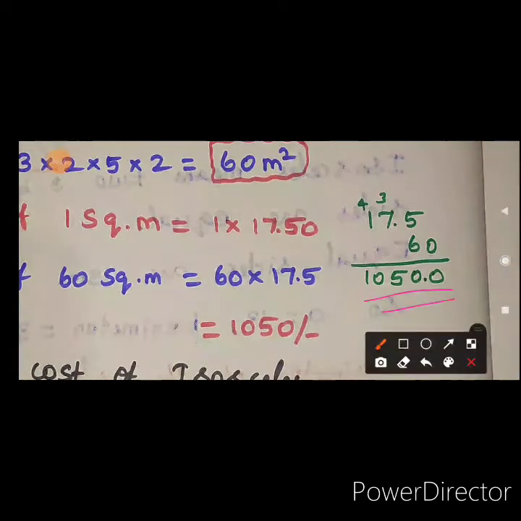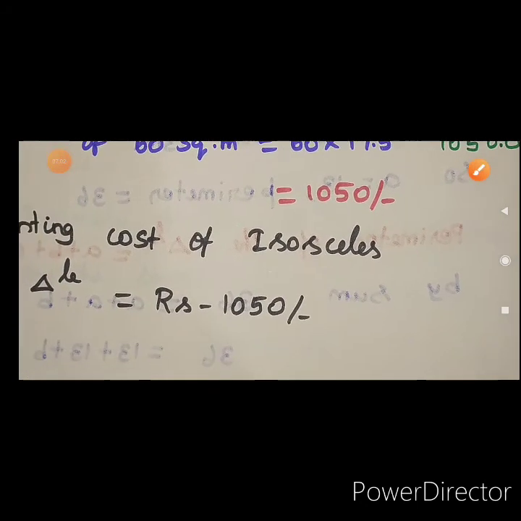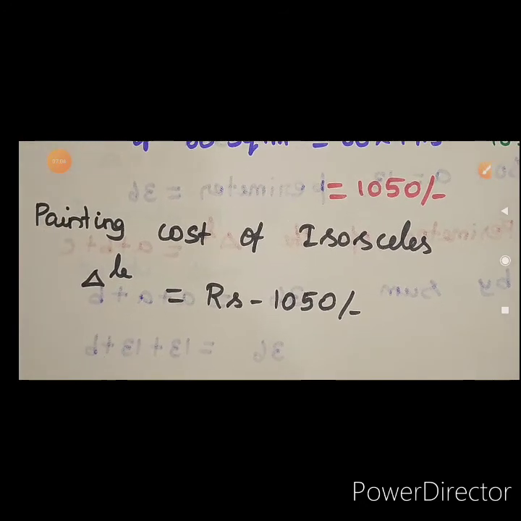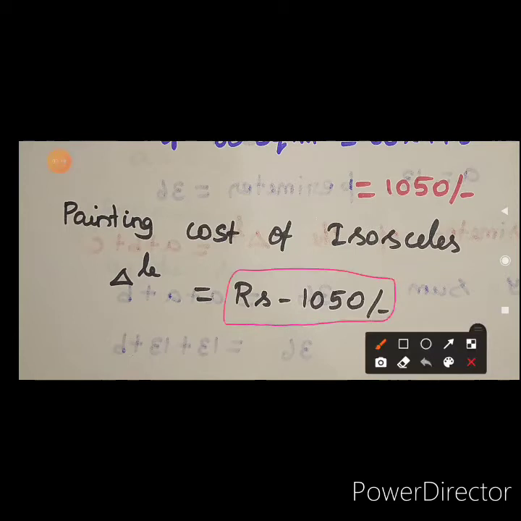So the painting cost of the isosceles triangle is 1050 rupees. That's it.